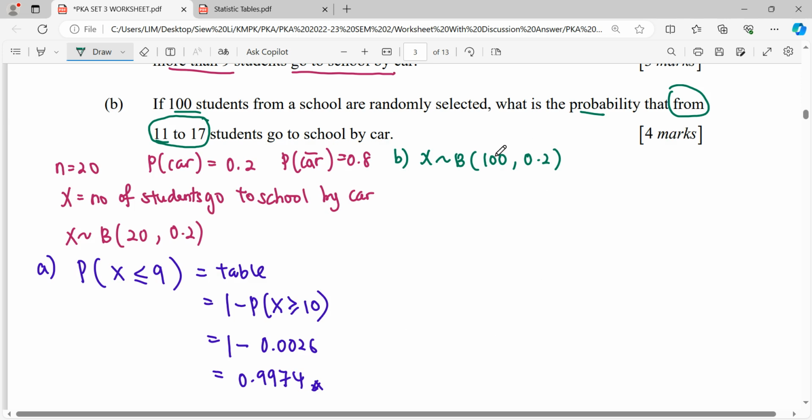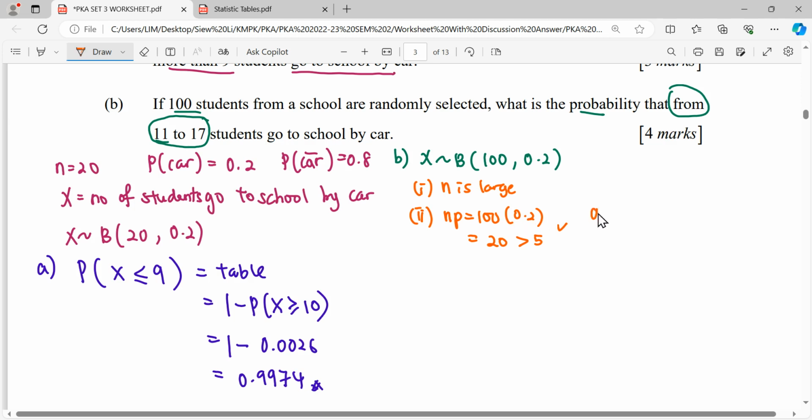As we read this distribution, you have to write up the conditions. The first one, we notice that n is large. Number 2, we find the NP. We notice that this is more than 5, so the condition to change to normal is fulfilled.